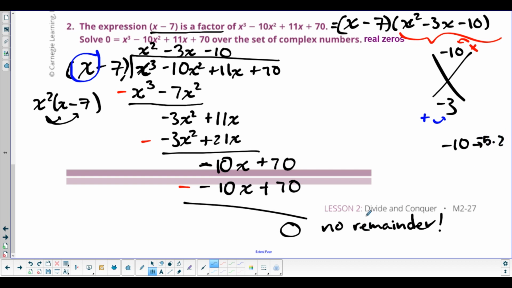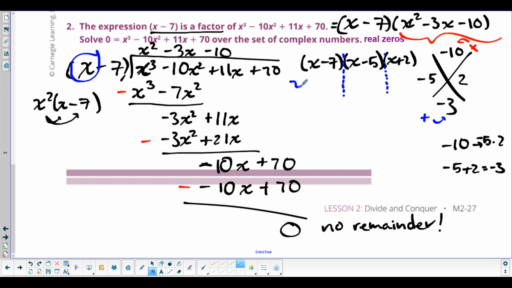One of them has to be negative, and -5 plus 2 is equal to -3. Which means my two answers are -5 and 2, so my total final factored problem is x minus 7 times x minus 5 times x plus 2, which means I have 3 zeros.